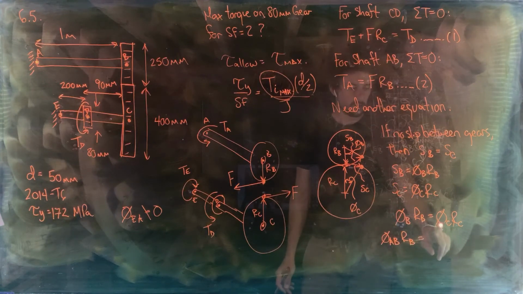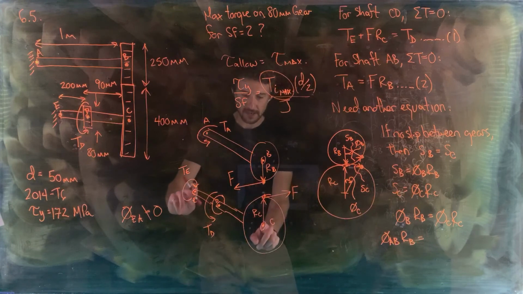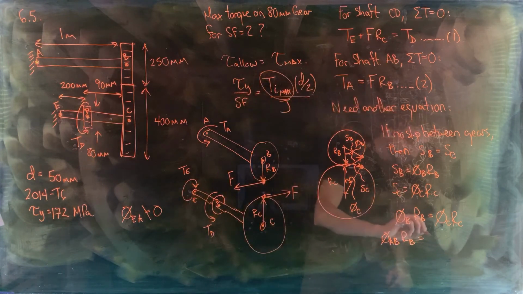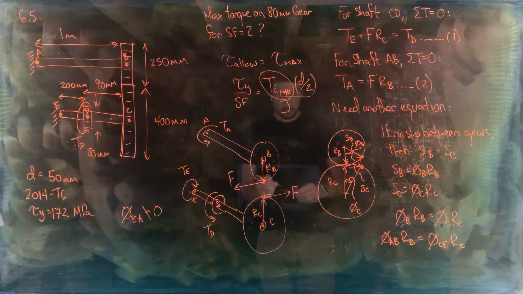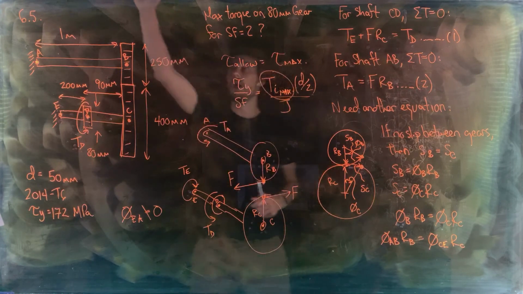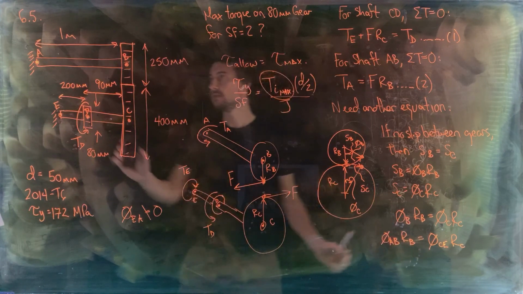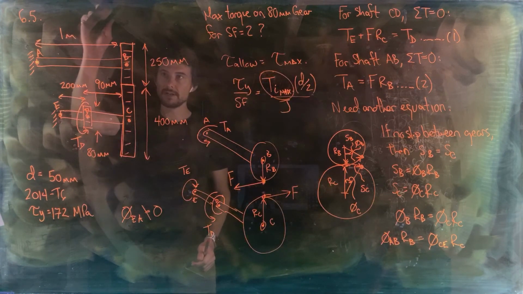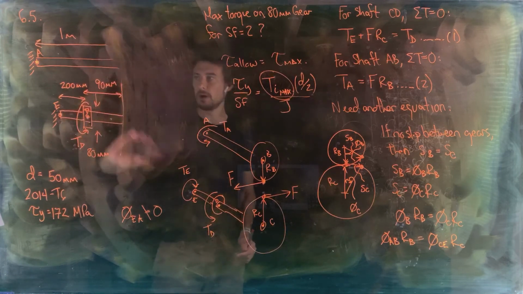And similarly, we can replace phi C, the angle of twist of gear C, by the angle of twist of shaft CE, multiplied by RC. Okay. Great. Now we're on our way to getting a third equation that's useful. So I'm going to do some erasing over here to give us the space that we need to finish off this problem.